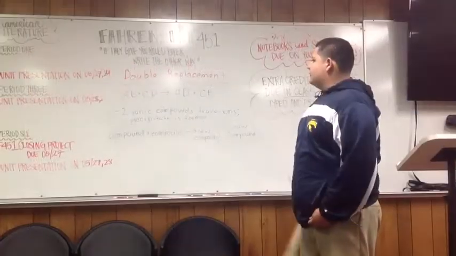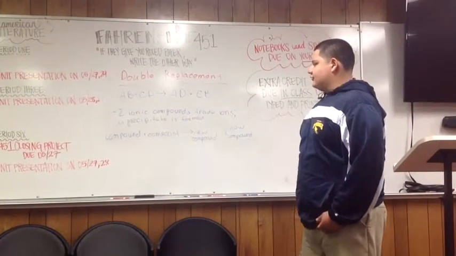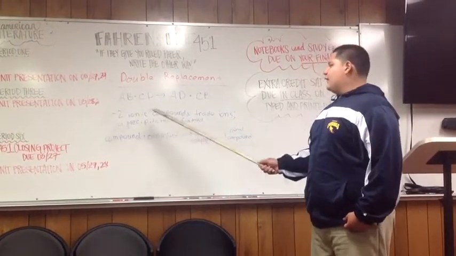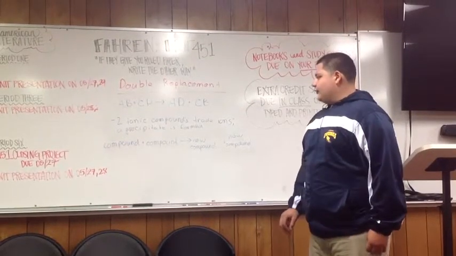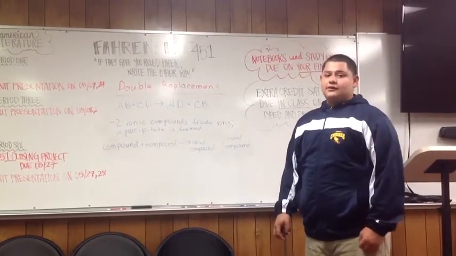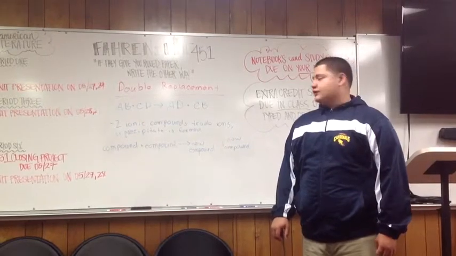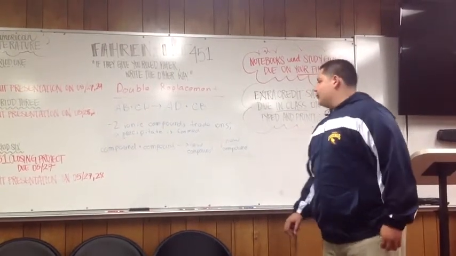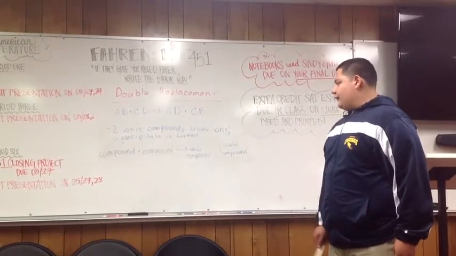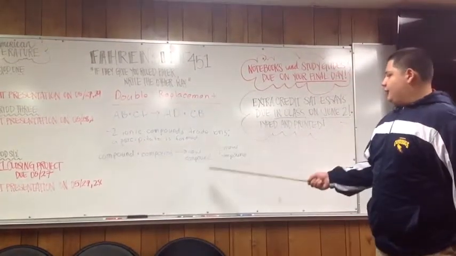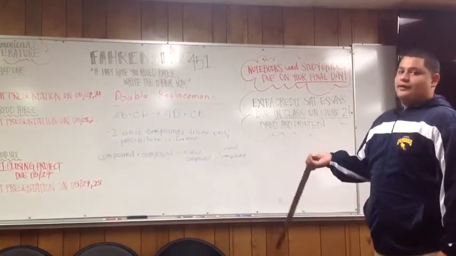Our fourth reaction is a double replacement reaction. It is when 2 ionic compounds trade ions and a precipitate is formed. Precipitating meaning that solids will be formed during the reaction. A double replacement reaction consists of a compound and another compound as reactants, and as a result, the products will be a new compound and a new compound.